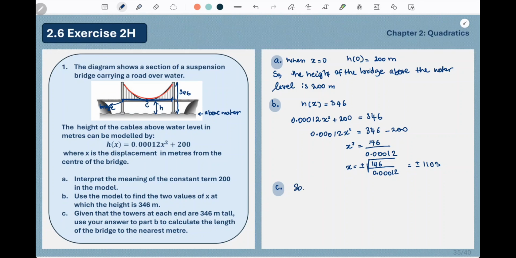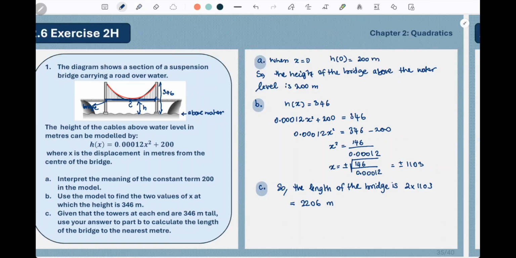So the length of the bridge is 2 times 1103, which is the same thing as saying 2206 meters.